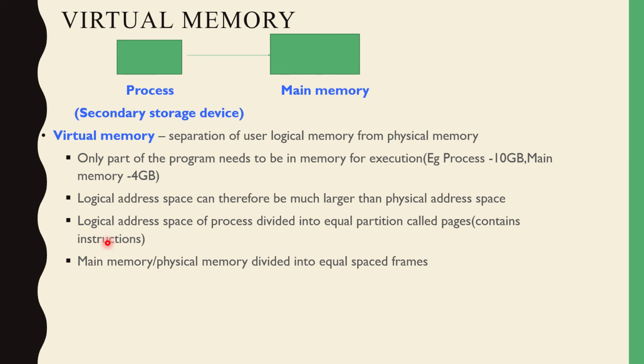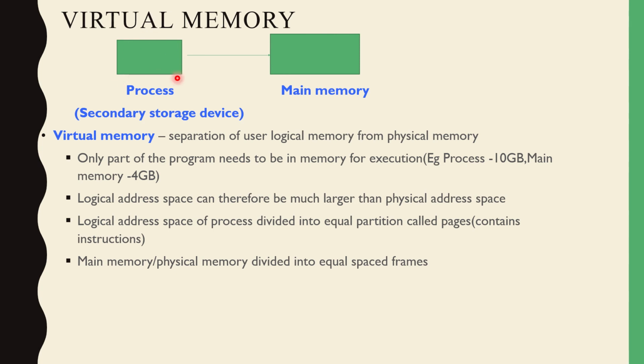A process is usually very large compared to your main memory size. So each process has a logical address space, and that logical address space is divided into different pages.